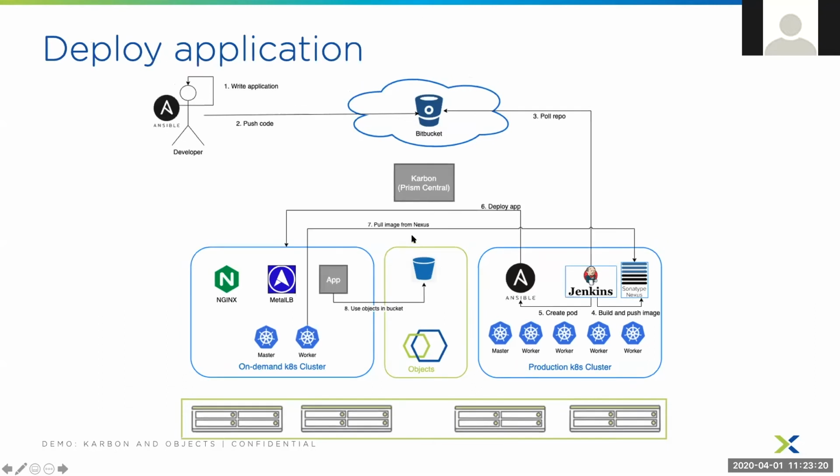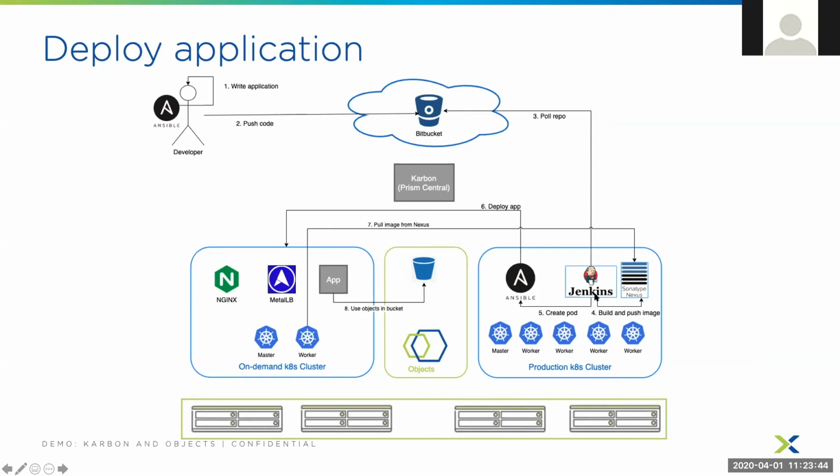The next step is, of course, to deploy an application. Same methodology: a developer writes an application on his laptop. He pushes the code to Bitbucket, which is in my case in the cloud. Jenkins will poll for changes in the repo. Then Jenkins will start the pipeline, and the pipeline actually consists of 2 steps.